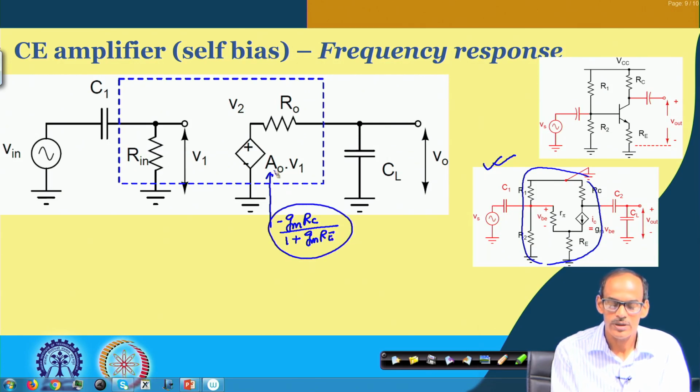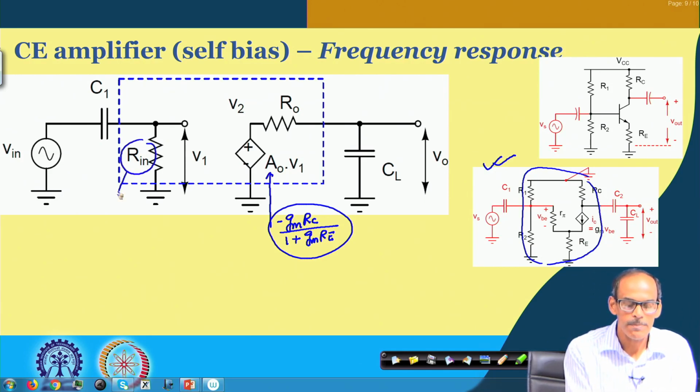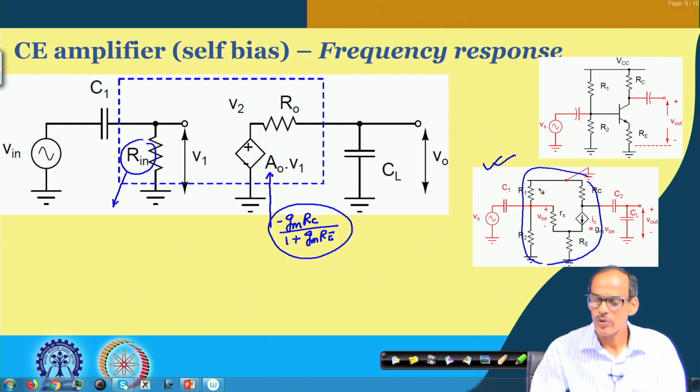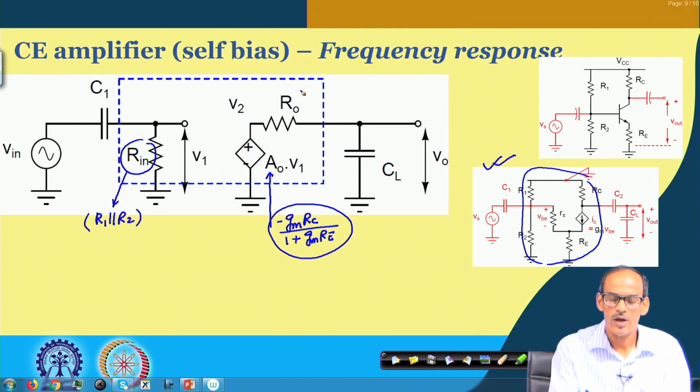So, this is the gain A naught. The input resistance, on the other hand, is R 1 parallel R 2 that dominates, and the output resistance is equal to R c.